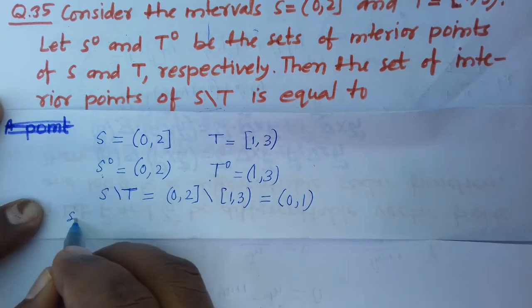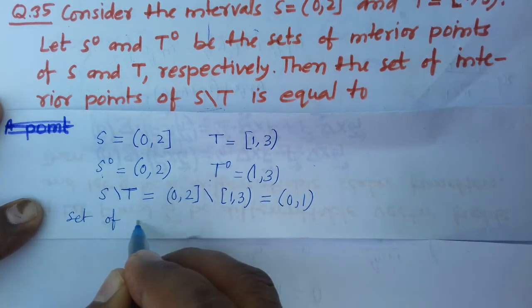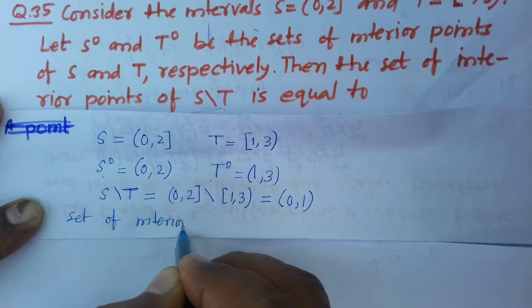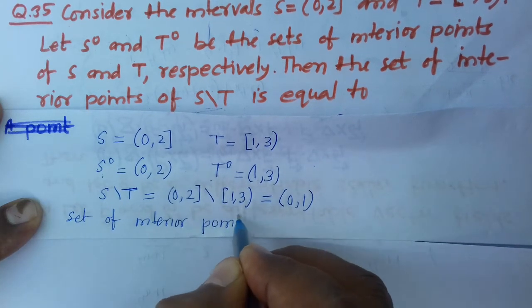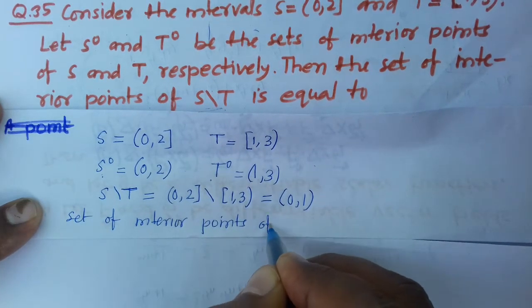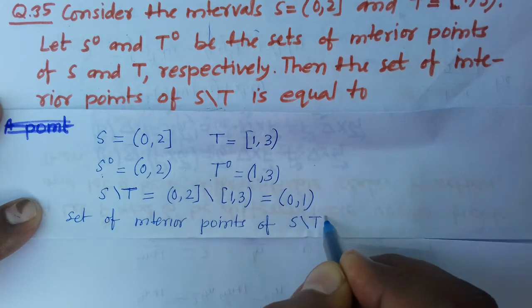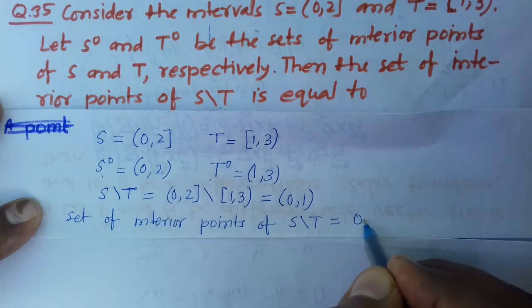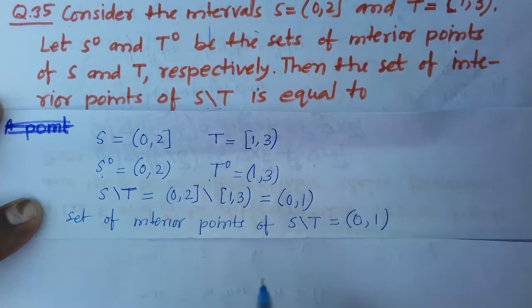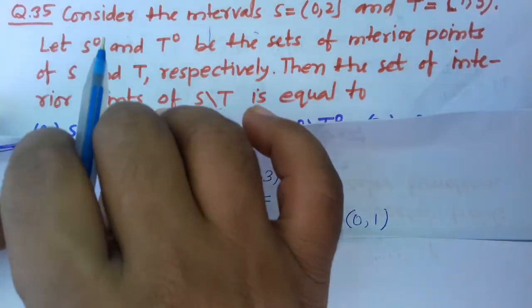Now the set of interior points of S oblique T will be the same, 0 to 1.